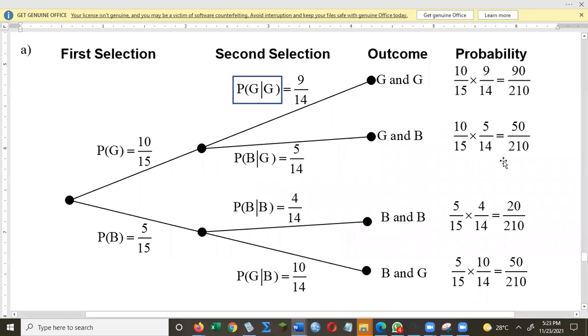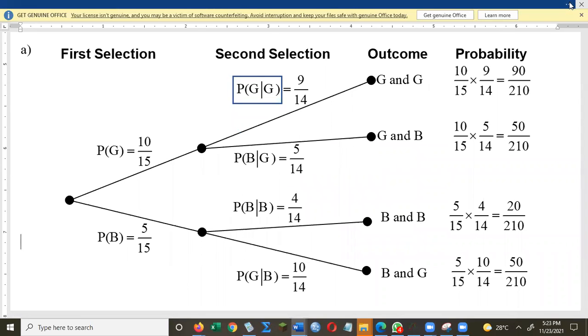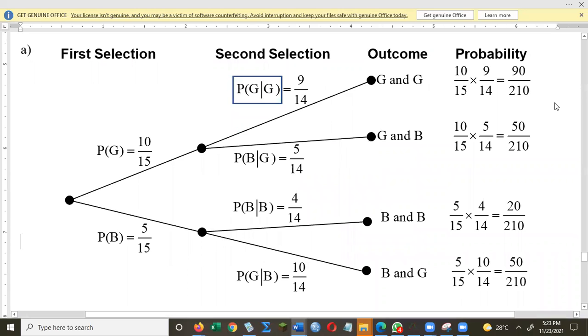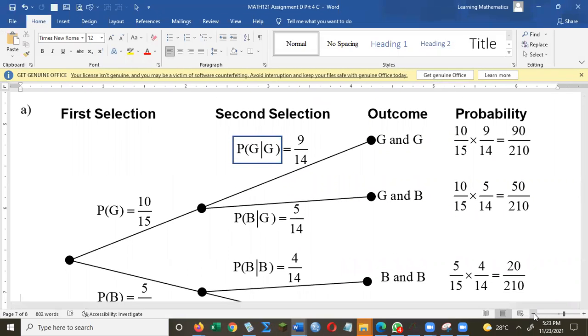Right, so therefore we have our fully labeled tree diagram, and we are going to use it to answer any follow-up questions. Any follow-up questions, you use the outcomes to answer. Do not go back into the tree.